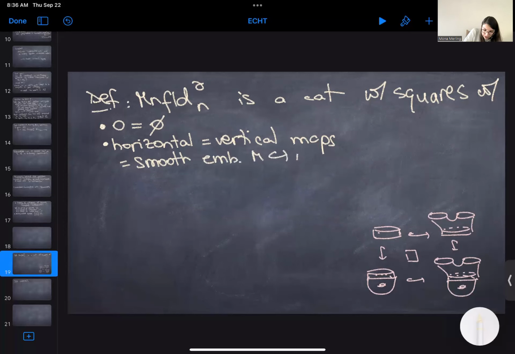So M into N, such that we just want these to be nice inclusions of pieces. So we just have to be careful about the boundary. The boundary of M, we want this to map to a submanifold of N with trivial normal bundle.